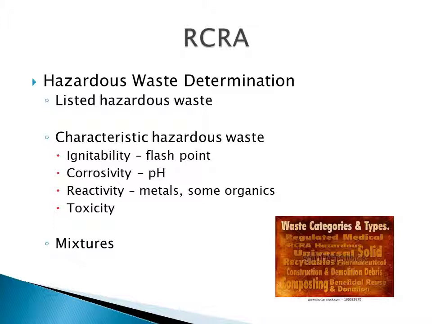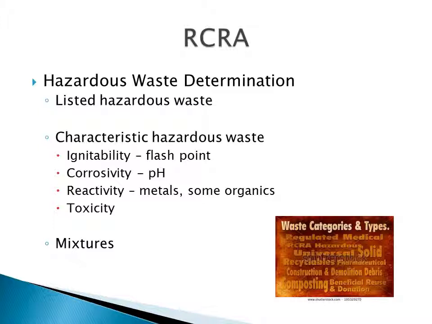A characteristic hazardous waste is the more common way the EPA determines if a waste is hazardous. A material cannot be deemed hazardous unless the characteristic in question can be measured by an available standardized test method that is reasonably feasible, or unless the characteristic can be reasonably detected through general knowledge of the waste. A material may also be deemed hazardous if it exhibits one of 4 characteristics.